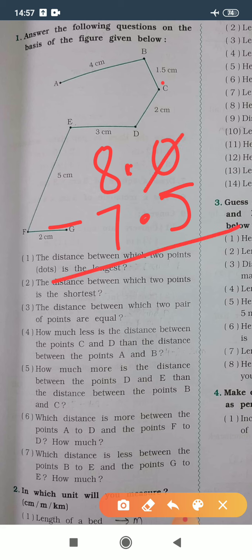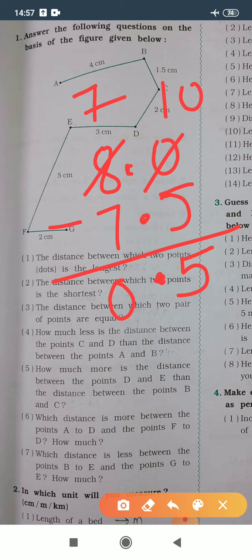We'll cut this 0 and write here 10. 10 minus 5 gives you 5. This 8 will be cut and here comes 7. 7 minus 7 gives you 0. And this point will come here. So your answer is 0.5.